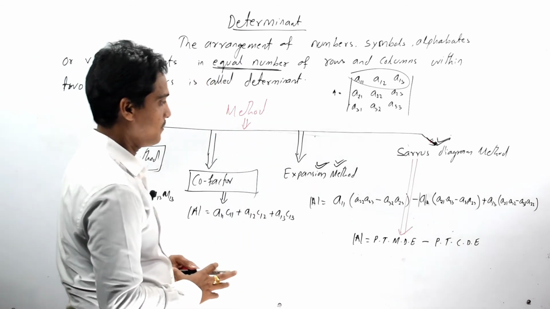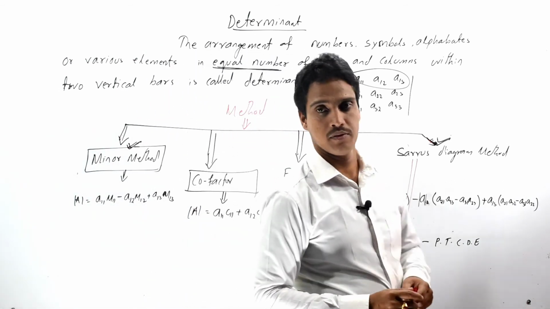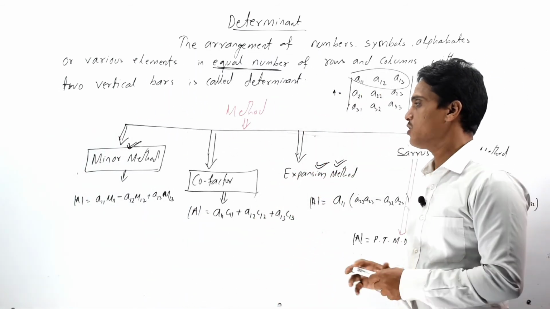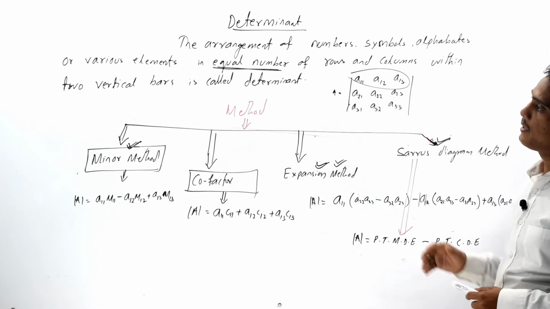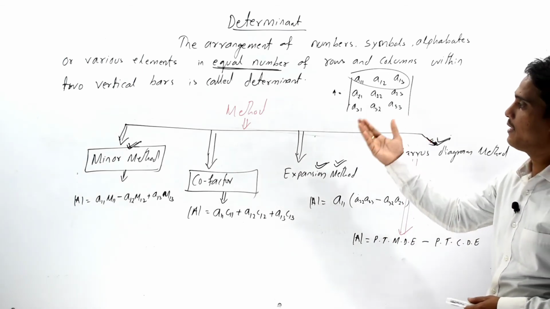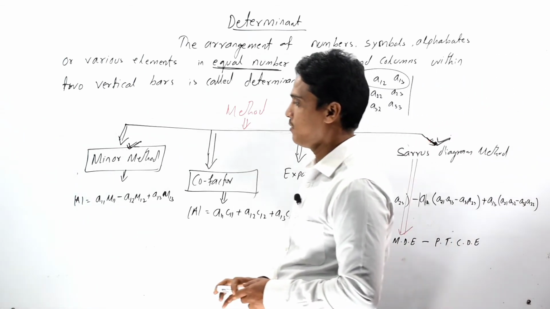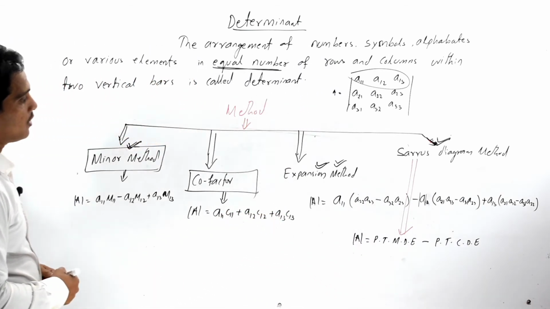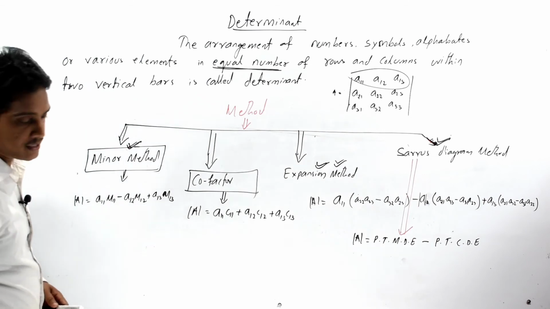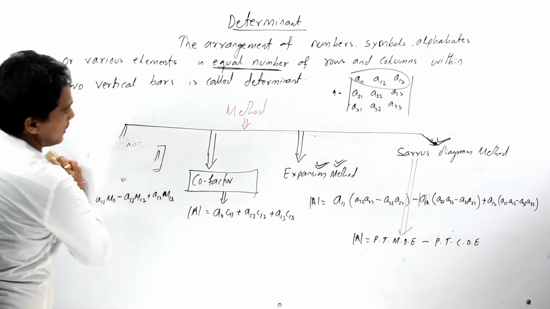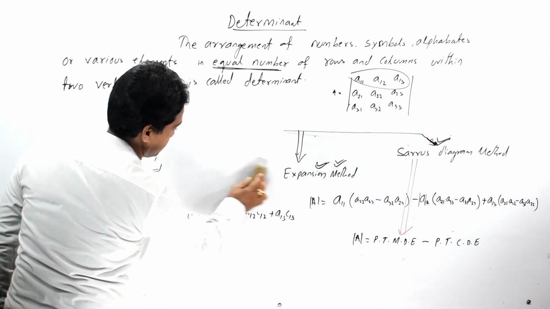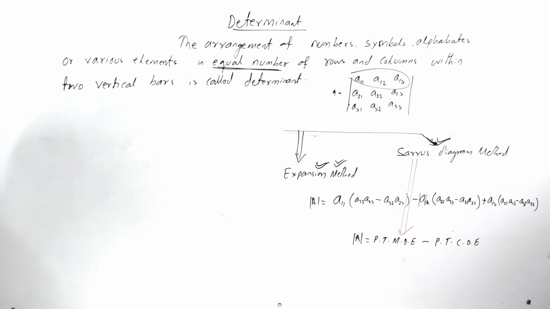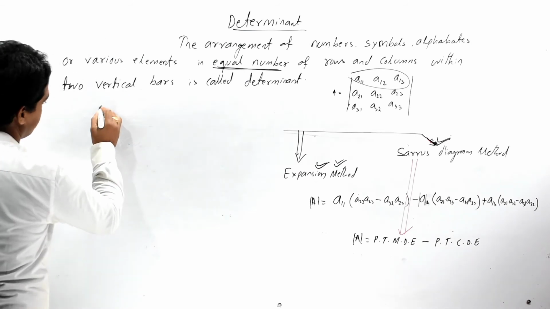So these are all about the different methods of computing our determinant value and their rules. So now come to the various features of our determinant.